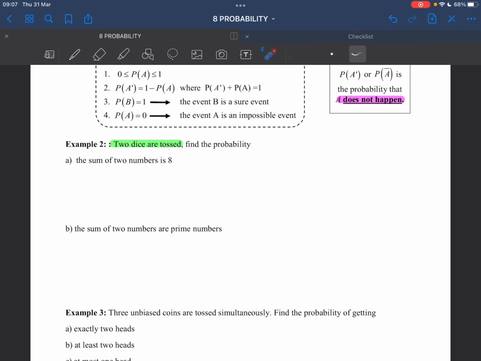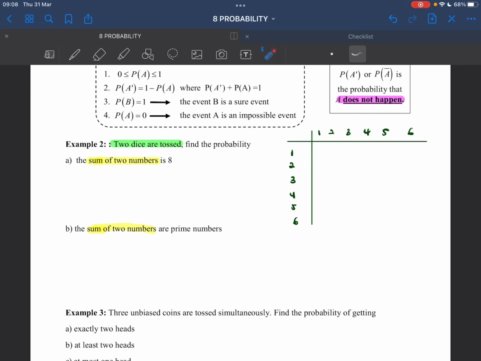As what we did earlier, we do 1, 2, 3, 4, 5, 6 for the first toss. But both of these questions are asking for the sum of two numbers. To make our life easier, if the question says two dice are tossed, we are going to separate it like this. 1, 2, 3, 4, 5, 6 represents the first toss, and 1, 2, 3, 4, 5, 6 represents the second toss.